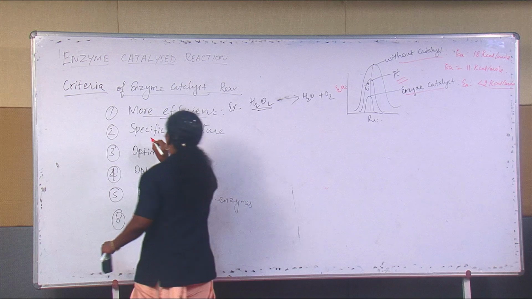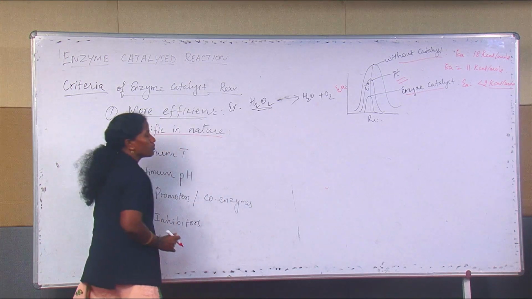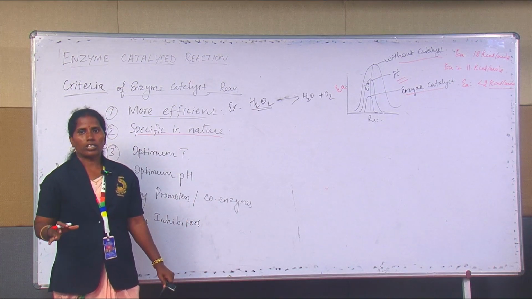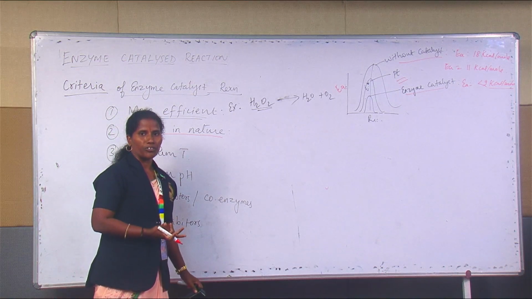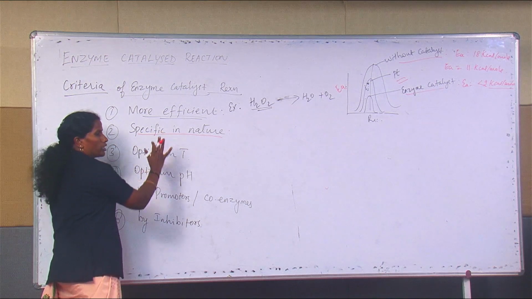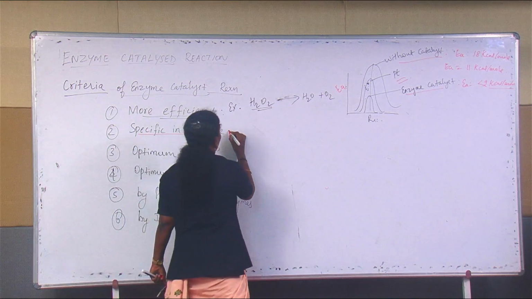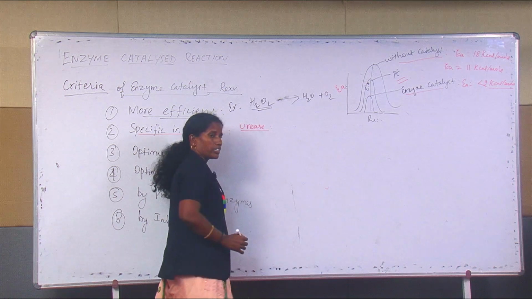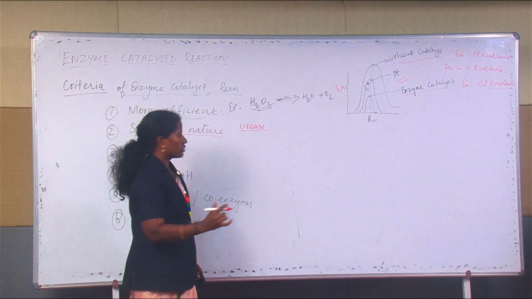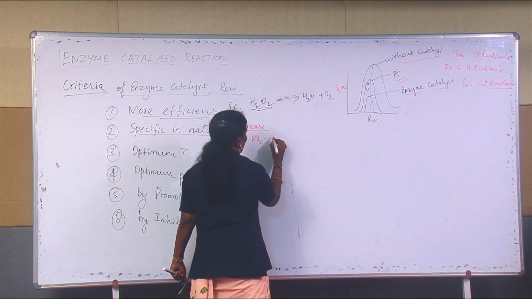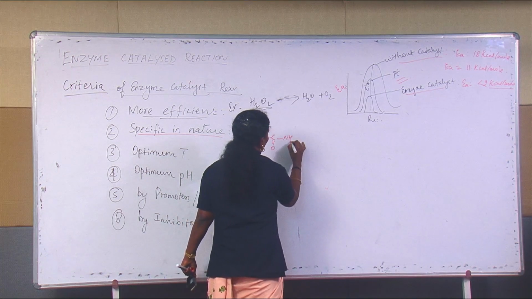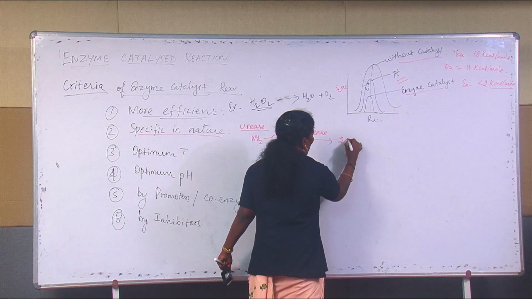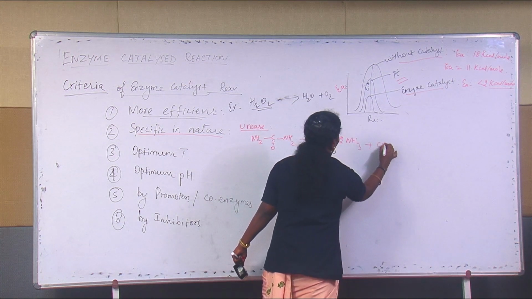The second one: enzyme catalyst reactions are specific in nature. That means one enzyme used in a particular reaction does not work on another type of reaction. That is called specific in nature. For example, the enzyme urease hydrolyzes only urea, NH2CONH2, to give ammonia and carbon dioxide.